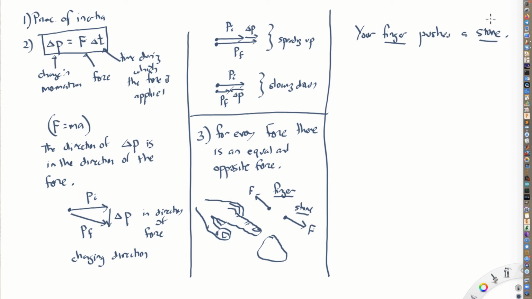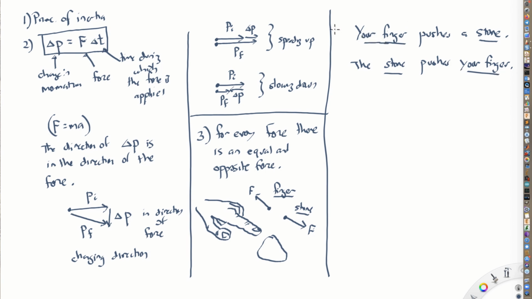Otherwise, you'd say it's a direct object in English. Your finger pushes a stone, and how do you figure out the opposite force? Well, the stone pushes your finger. You're literally just exchanging the subject and the direct object in these two sentences.